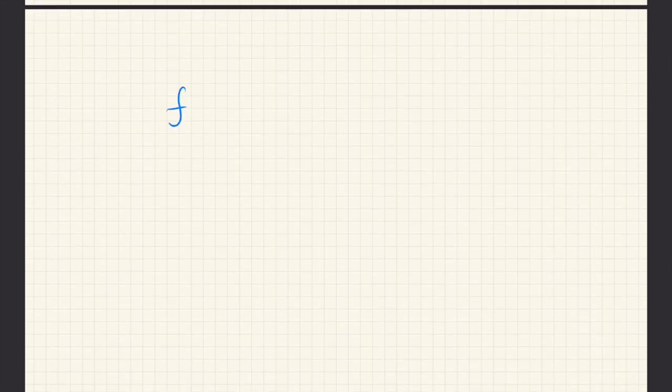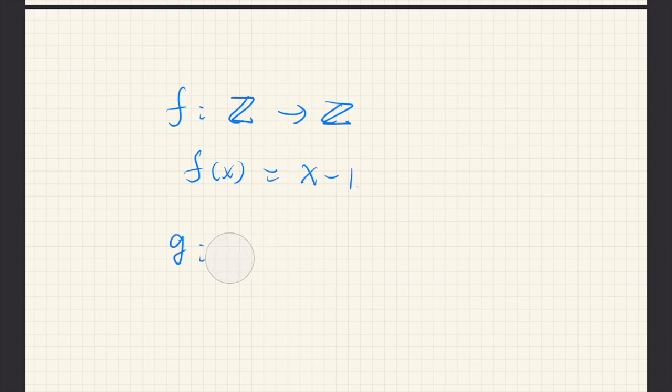Let's say we have a function f from the set of integers to the set of integers defined by f of x as, let's say, x minus 1. And another function, g, from the set of integers to the set of non-negative integers, that is, natural numbers and 0, defined by, let's say, g of x as x squared.